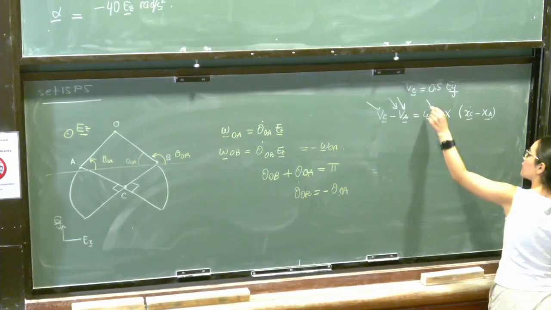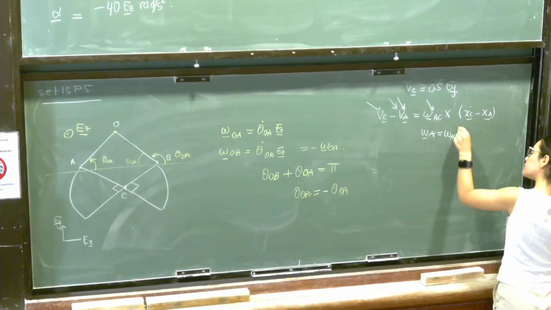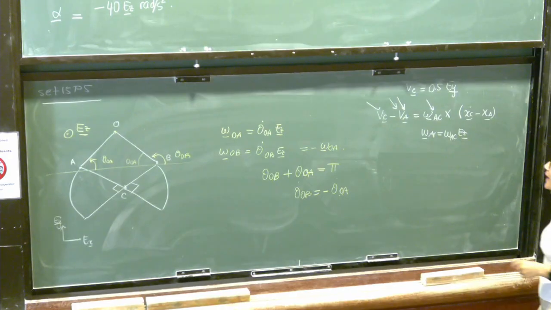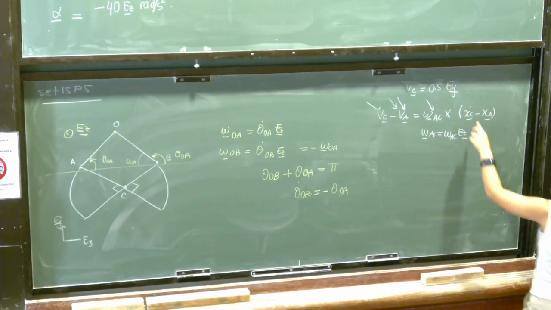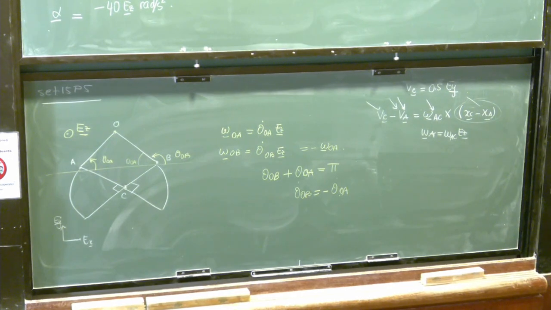Could be positive or negative. What about XC minus XA? I could find that from geometry, right? We can determine from geometry, not necessarily easy, but we can do it.